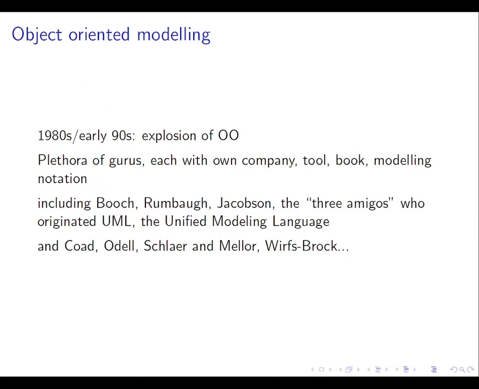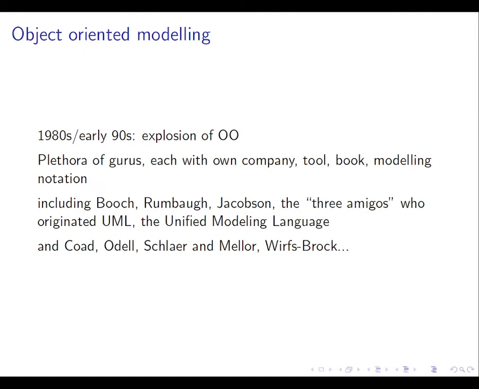During this explosion of object orientation, the idea was being sold that if you used object-oriented programming, design would be very much easier because of this way in which there would be a correspondence between the classes in your system and the concepts in the domain and in the real world.